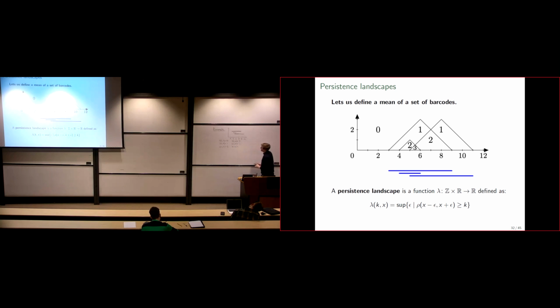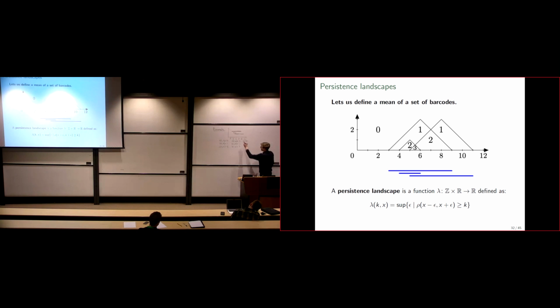But at 8, on the other hand, now we are focusing on this bottom bar. Because this bar is born at 5, we can choose epsilon equal to 3. Because 8 is just in the middle of this bar, here we have a map going from 5 to 11 of rank 1. So here it's again 3. And with an analogous argument as before, we're now at 9, so we are focusing on this bottom bar.